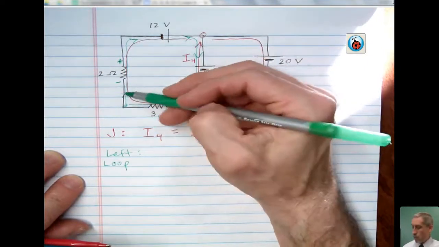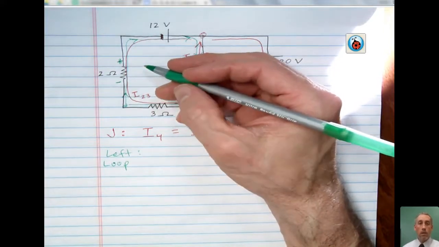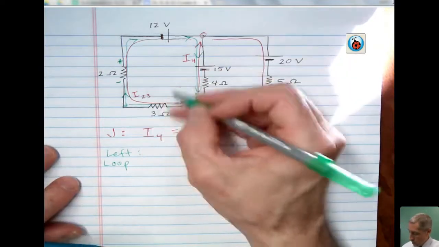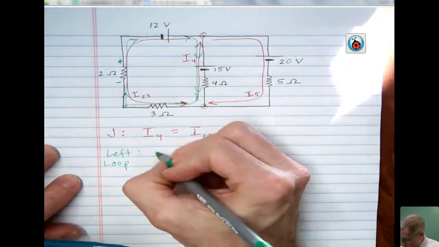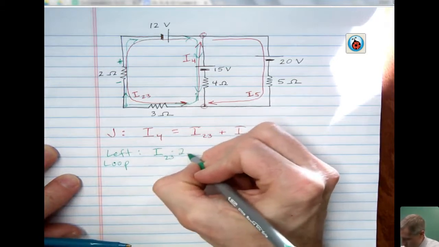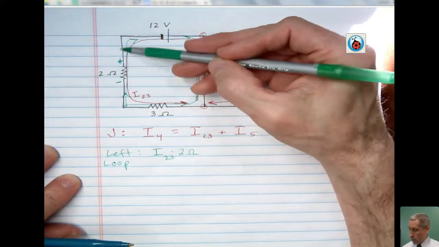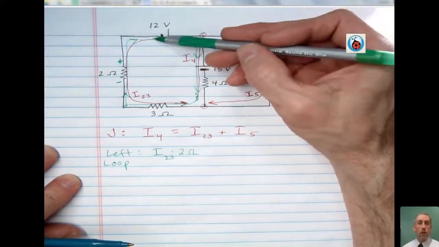And the jump, when you go through a resistor, is equal to the current multiplied by the resistance it's going through. So in this case, it's I2-3 multiplied by 2 ohms. So that's my first jump. Now, I travel around some wires some more, and then I get to this battery.